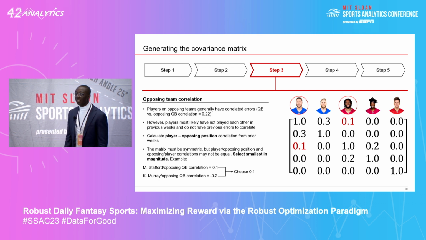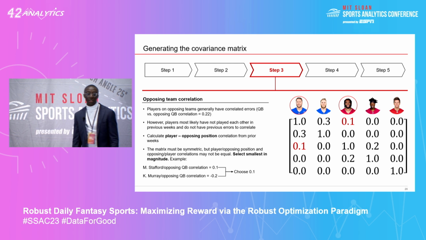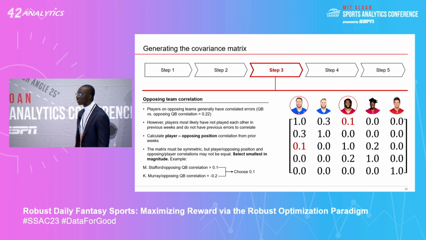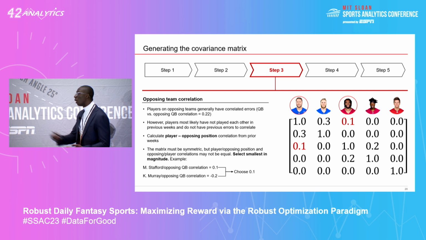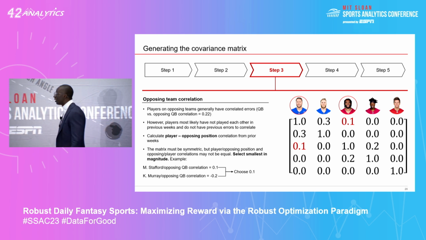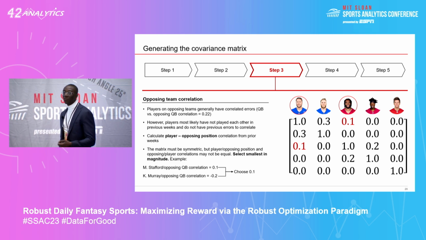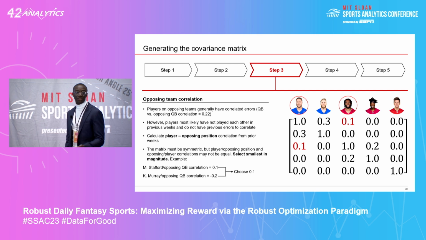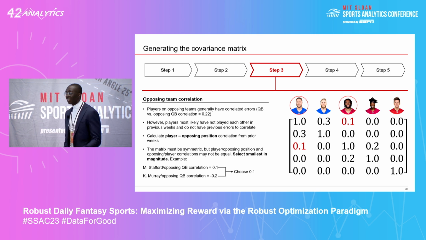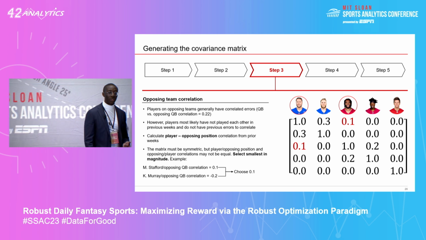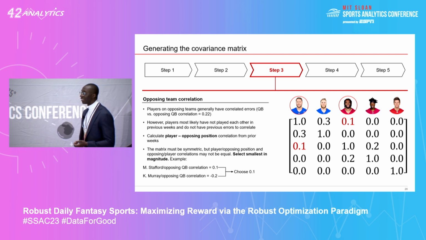And the way that I do it, for example, between Matt Stafford and Kyler Murray is I say that correlation is the correlation between Matt Stafford and opposing QBs over the previous 13 weeks. The one last thing about doing it that way is that covariance matrices and correlation matrices are symmetric. And so the correlation between Matt Stafford and Kyler Murray needs to equal the correlation between Kyler Murray and Matt Stafford.